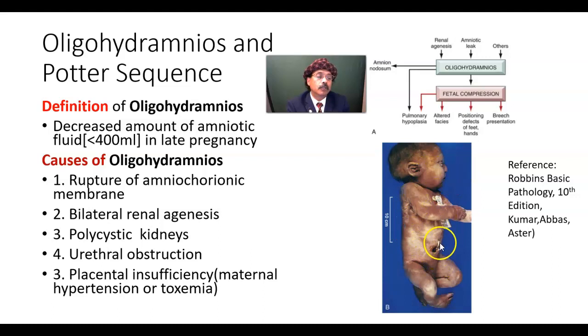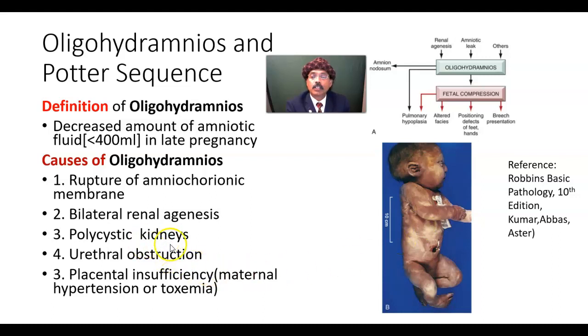It swallows, it passes urine, so circulation is maintained, and amniotic fluid is maintained by the addition of urine. If there is bilateral renal agenesis, there is no urination into the amniotic cavity, no buildup of the normal amount of amniotic fluid, so there will be oligohydramnios.